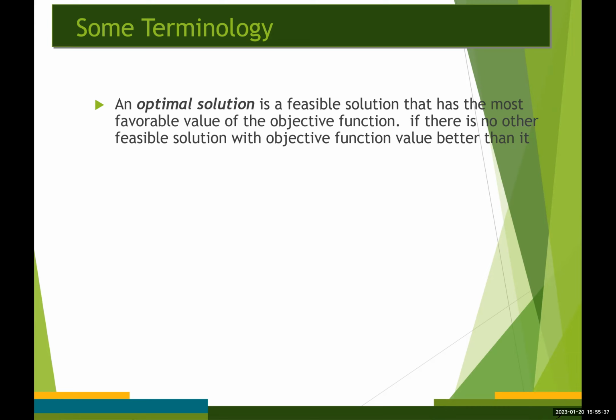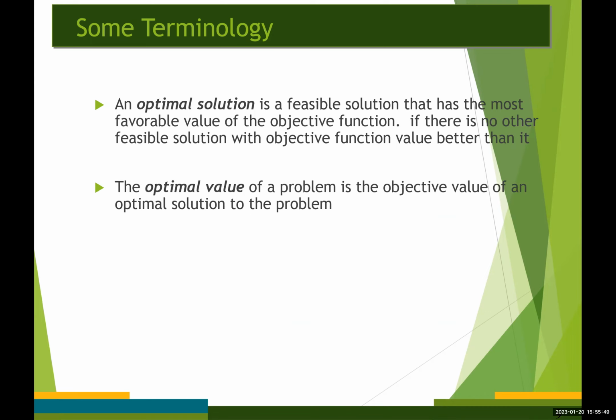And there is no other feasible solution with an objective function value better than that. So that's the optimal solution. And the optimal value of a problem is the objective function value of an optimal solution to the problem, okay? So we're going to keep coming back to these different terminologies: solution, feasible solution, infeasible solution, optimal solution, and optimal objective function value, okay?